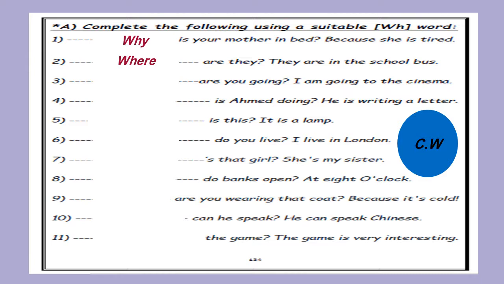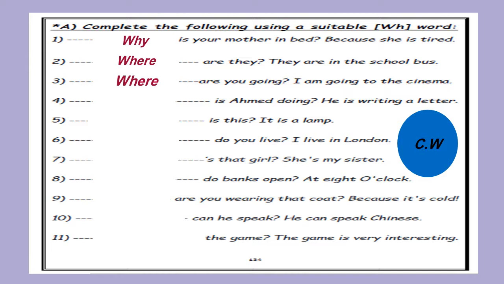Number 3, space, are you going? Question mark, because this is a question, so I will use question word. I'm going to the cinema. Cinema, this is place, that's right, so I will use where for place.